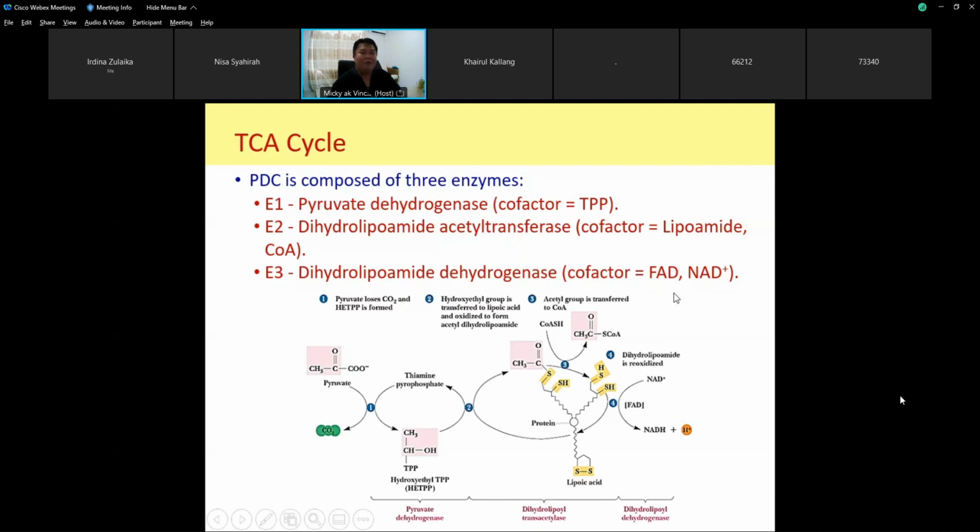Now again, what is FAD and what is NADH? FAD is flavin adenine dinucleotide. Now it is vitamin B2. And then NADH is nicotinamide adenine dinucleotide. What is it? It's vitamin B3. So this just to show how important vitamin B is to your metabolism when it comes to TCA cycle, Krebs cycle.